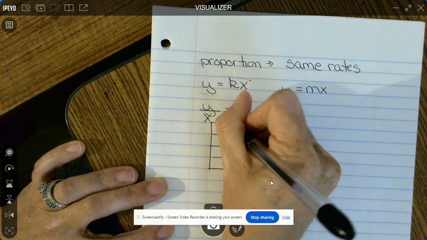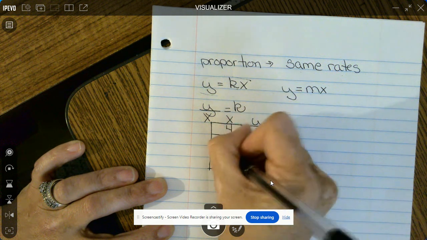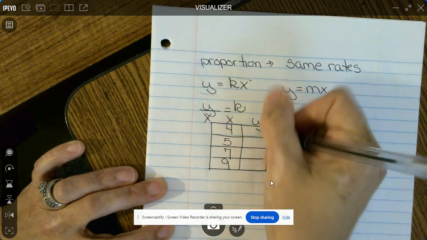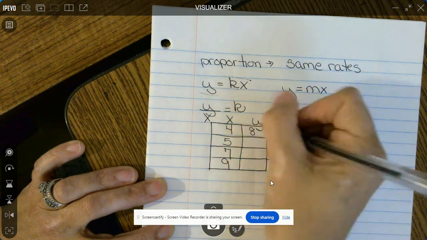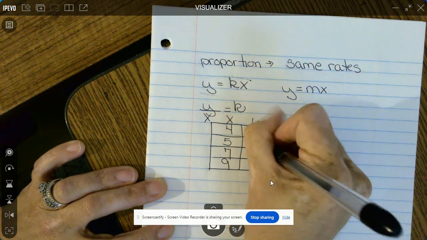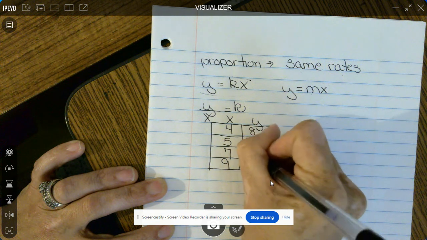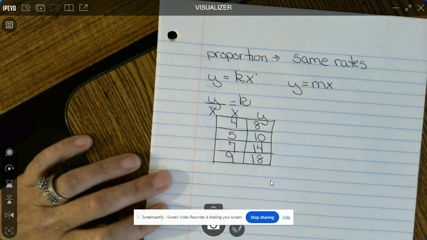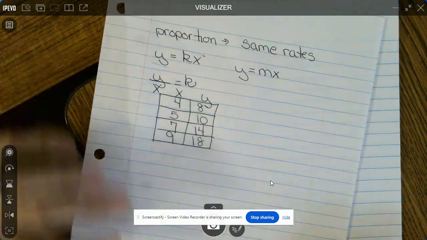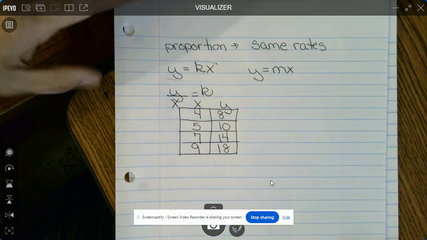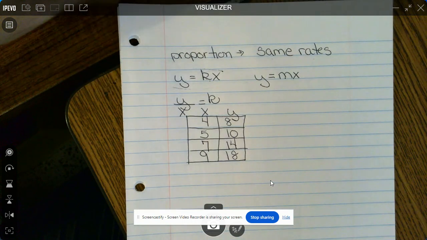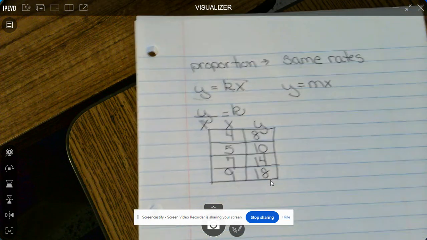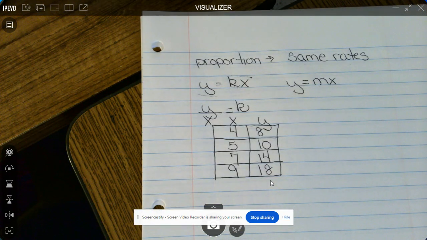So I have 4, 5, 7, and 9. Don't say it out loud. We got 8, 10, 14, and 18. All right, so figure out if this one right here is proportional. If it is proportional, tell me what k, or the rate, is. Don't tell me, let everybody have an opportunity.